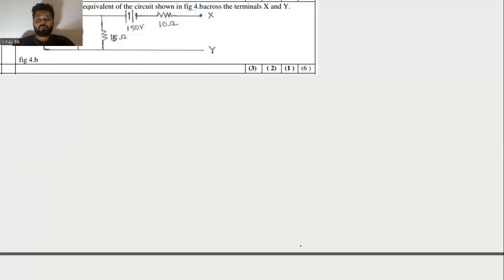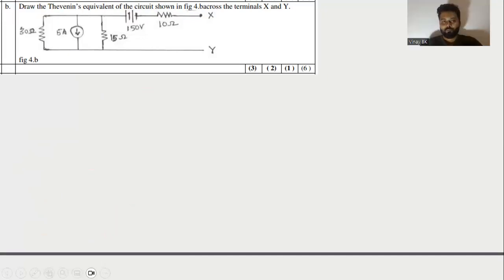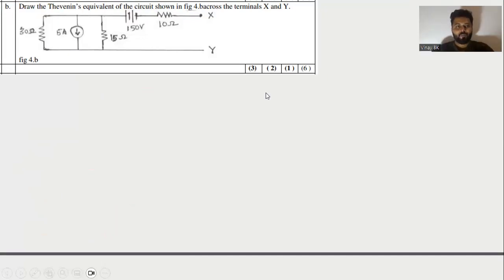Okay. So next go for the second one. Here they asked you to draw the Thevenin equivalent circuit of this network across the terminals X and Y. So here we'll be having the X and Y terminals.